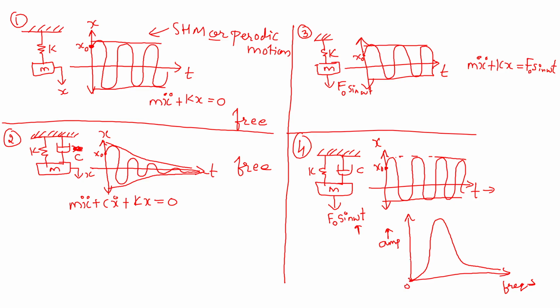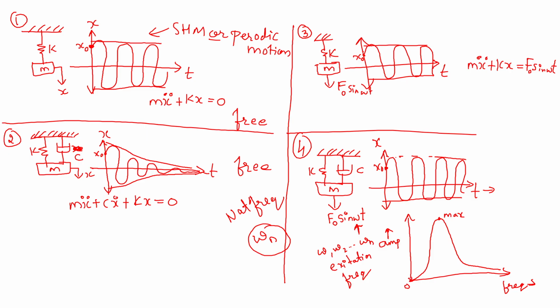At different values of frequency omega we are plotting, and the system has a natural frequency, omega n. We'll get a bell-shaped curve for different values of omega n: omega 1, omega 2, till omega n. This is the excitation frequency. At this point the amplitude of the system is maximum.